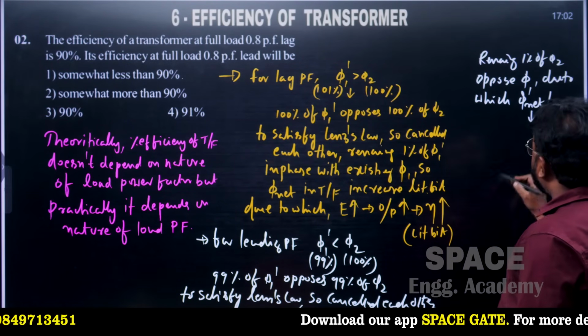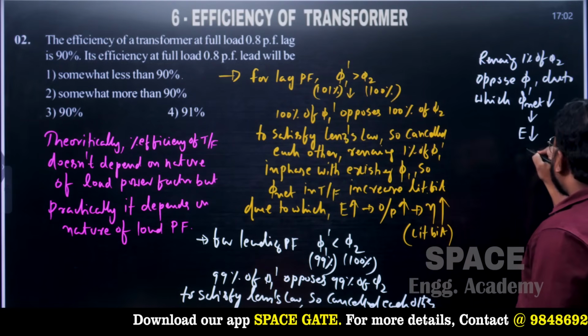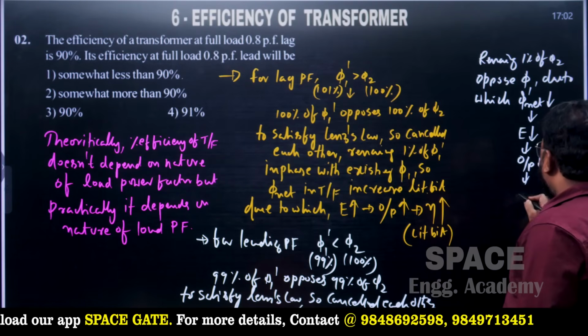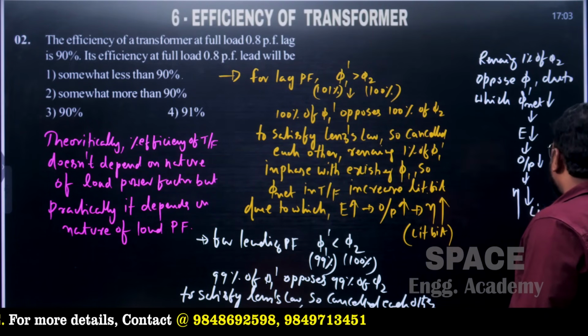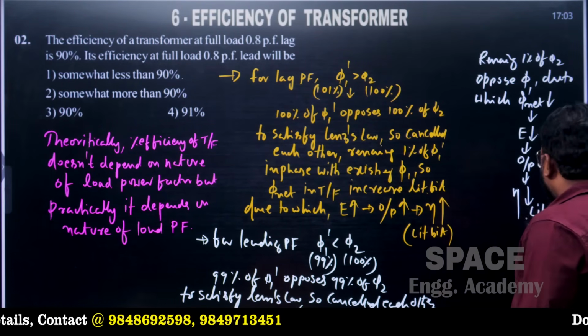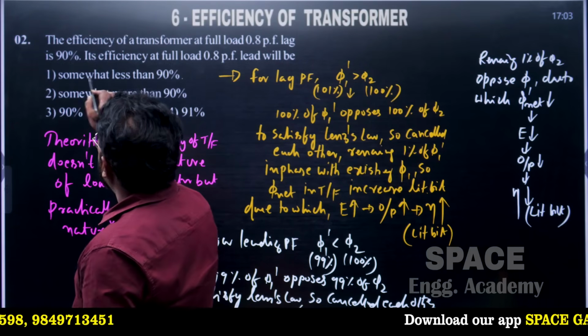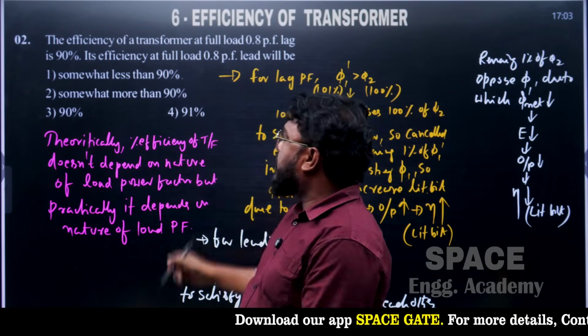Decrease in the net flux decreases the EMF induced in the transformer, decreases the output power of the transformer, and decreases the efficiency of the transformer a little bit. So the answer decreases a little bit or somewhat: somewhat less than 90%, somewhat more than 90%, or 90%.